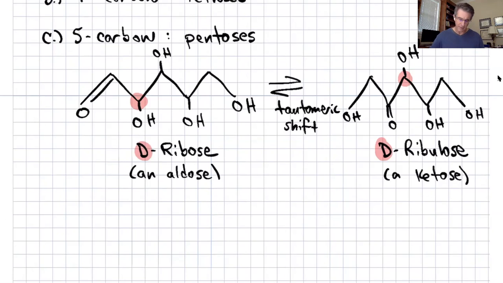The other thing to keep in mind, if you just look at this, you can see how the number of possible diastereomers is going to expand for these molecules, right? As you add chiral centers to these molecules, in general, the number of diastereomers is going to go up as 2 to the n. So even for something as simple as a 5 carbon pentose sugar, where you've got 3 potential chiral centers in the aldose, like ribose, you could have 8 possible diastereomers.